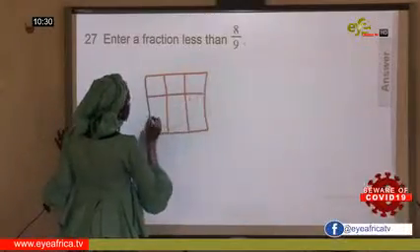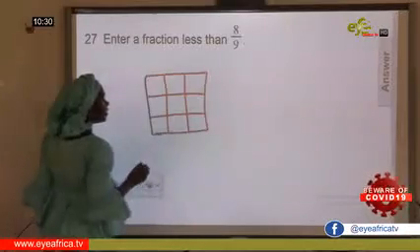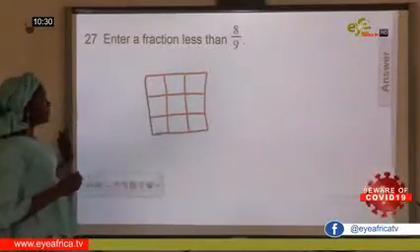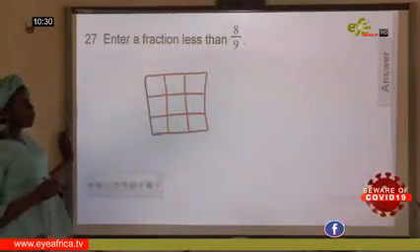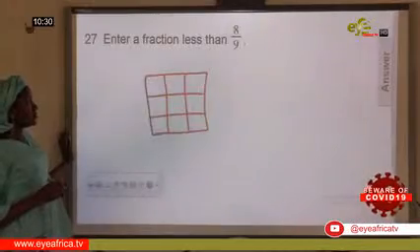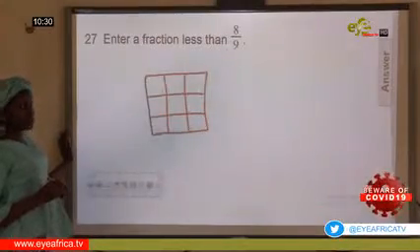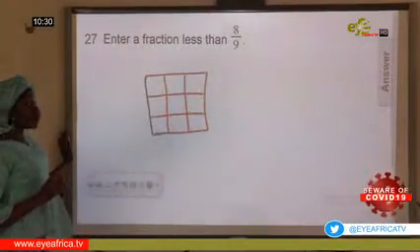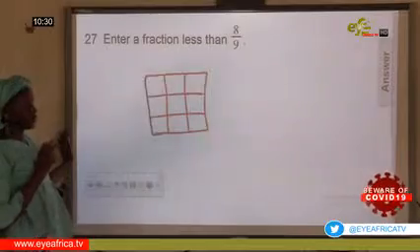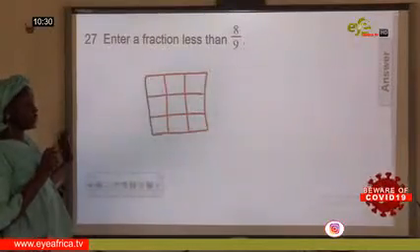This diagram is divided into 9 equal parts, and we are to enter a fraction which is less than 8 over 9.